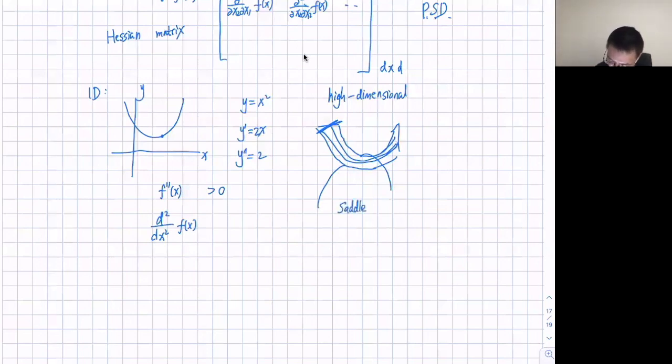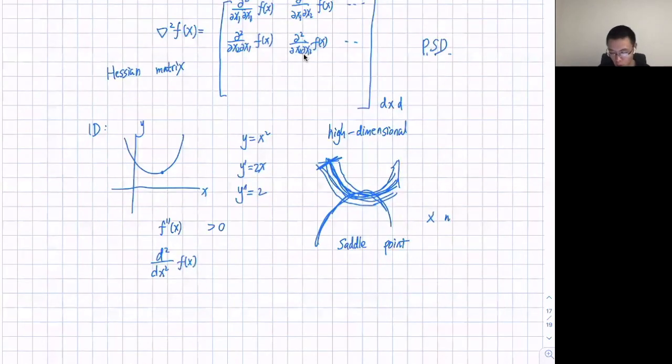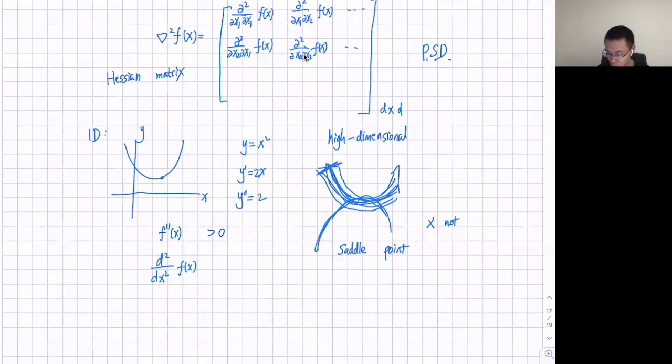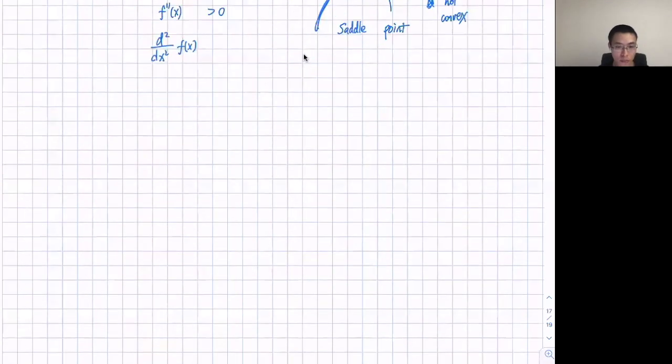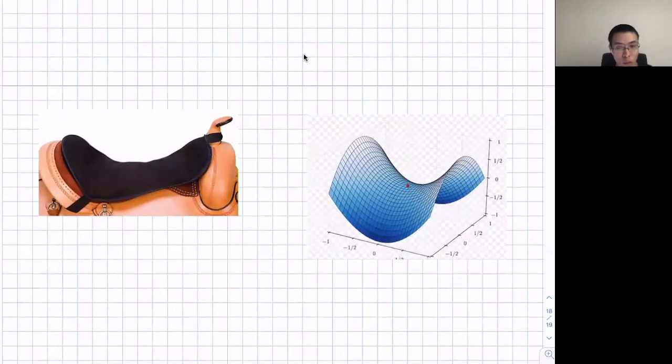In a saddle point, the eigenvalue associated with this degree of freedom is positive, but the one associated with that degree of freedom is negative. And this is not convex. Now here is a real saddle, the horse saddle.